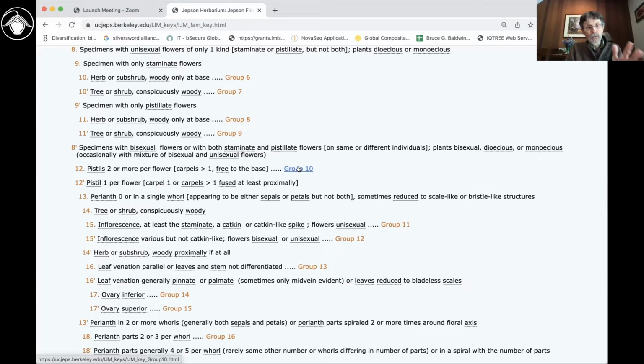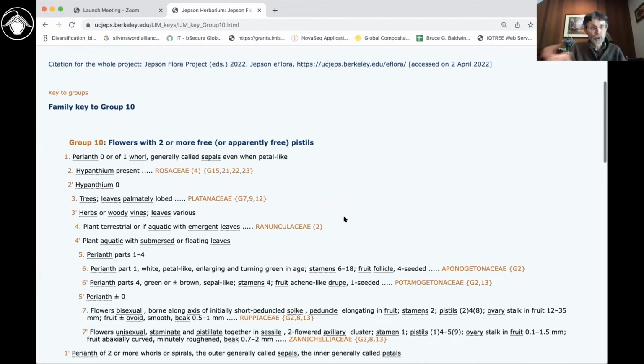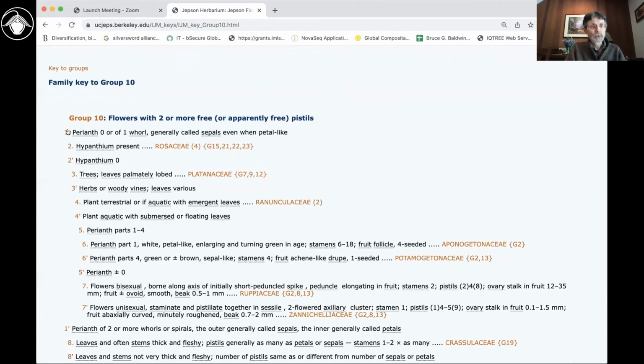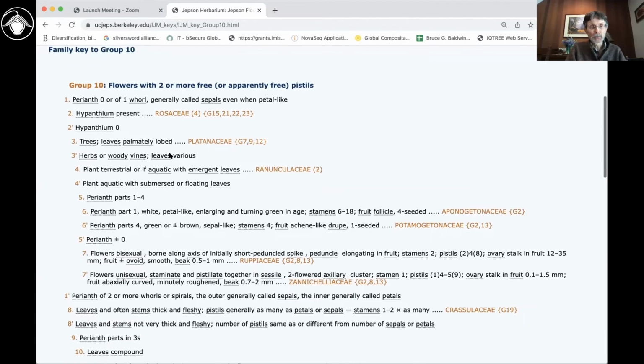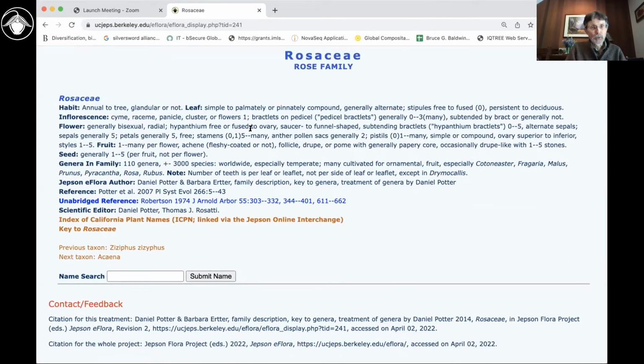So when you eventually get to one of these groups, and that's your final choice, you just click on that, or in the case of the book, turn to that page, which is given, and then you'll have the same kind of layout again, a dichotomous key, where you can key to family within these particular groups of families.